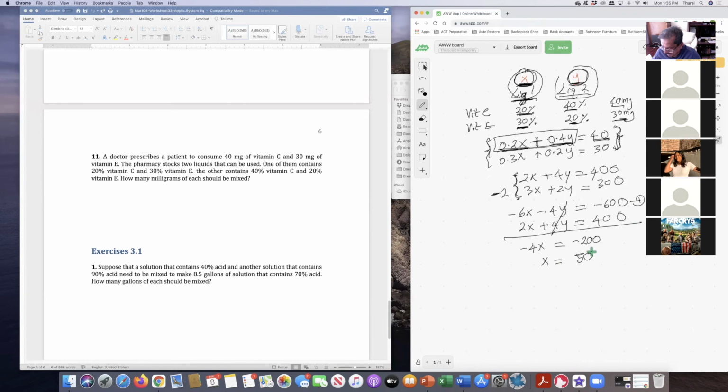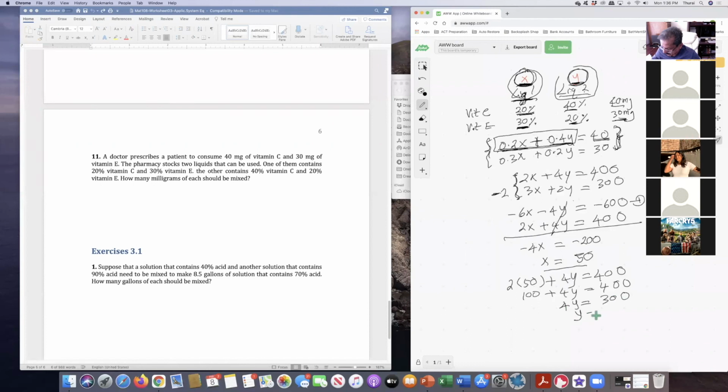And then that's when you plug it in, right? Now you plug x equal to 50 into one of the two equations. I can plug it into either one. I'm going to put it into the first one. So 2 times 50 plus 4y equal to 400. And 2 times 50 is 100. So 100 plus 4y equal to 400. Subtracting 100 from each side, 4y equal to 300.